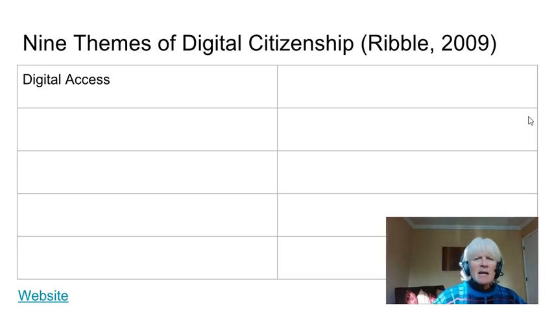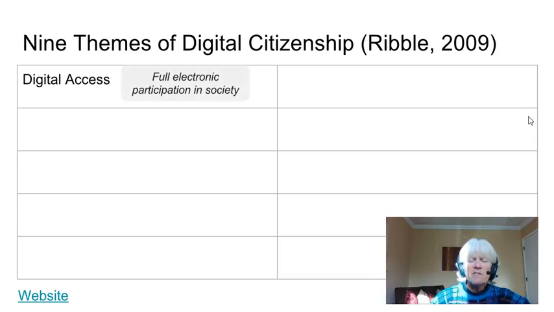The way that I'm choosing to define digital citizenship is instead aligned with the way Ribble defined it in 2009. He articulated 9 different topics which do overlap with those in the Common Sense Media site, but they're a little bit different as well.